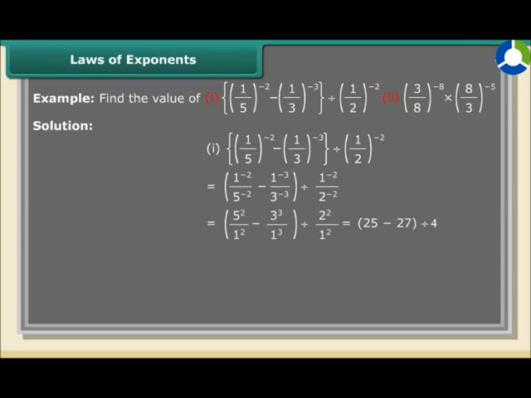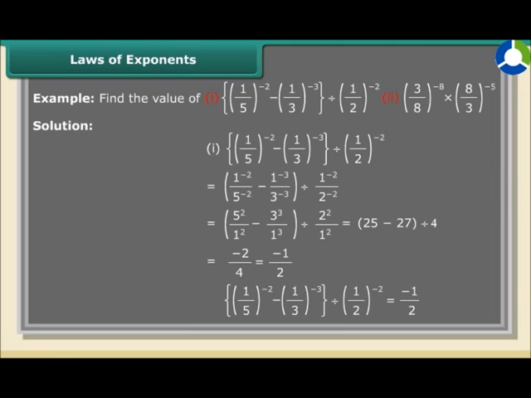is equal to 5 raised to the power 2 upon 1 raised to the power 2 minus 3 raised to the power 3 upon 1 raised to the power 3 divided by 2 raised to the power 2 upon 1 raised to the power 2, which is equal to 25 minus 27 divided by 4, which equals minus 2 upon 4, which is equal to minus 1 upon 2.